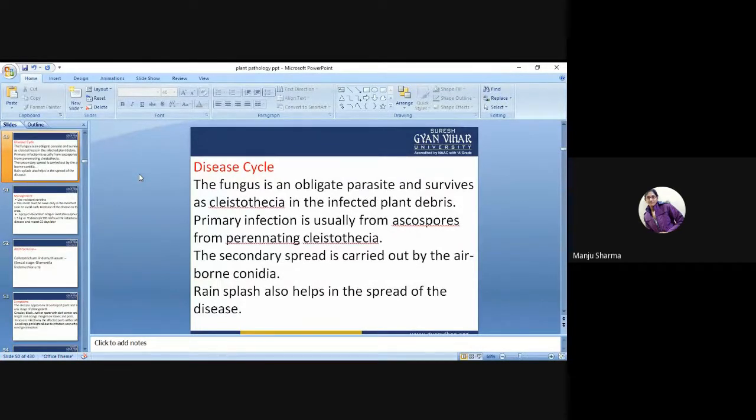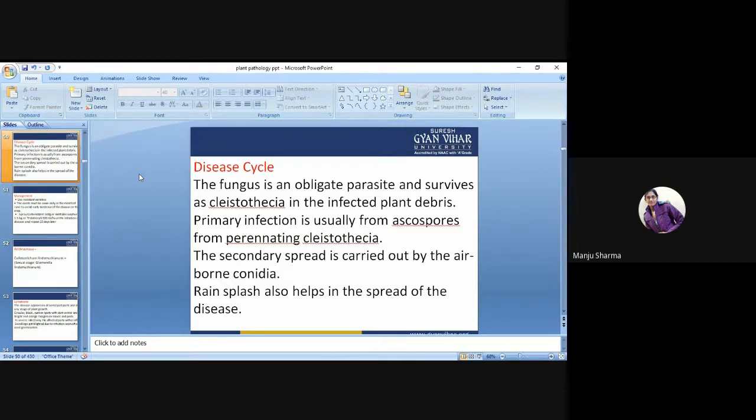Disease cycle. The fungus is an obligate parasite and survives as cleistothecia in the infected plant debris. Primary infection is usually from ascospores from overwintering cleistothecia.